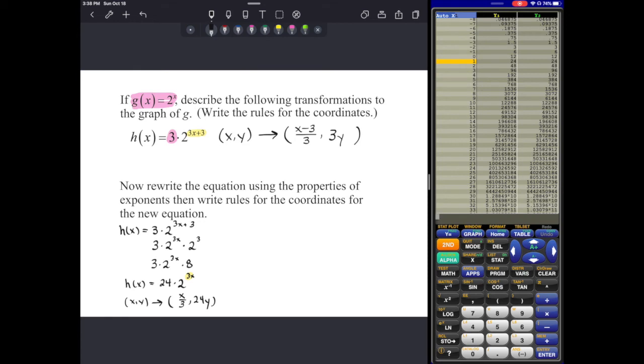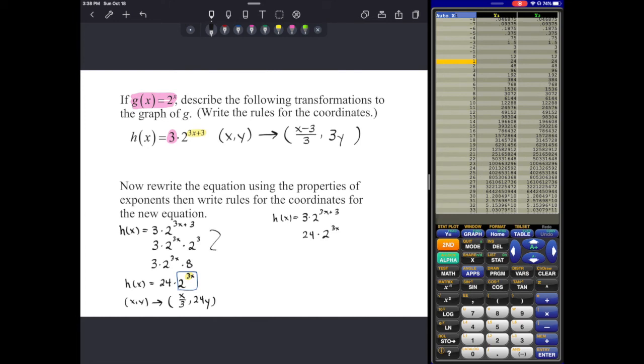Now let's say, for instance, that somebody wanted to do something a little different here, right? They noticed this, and they wanted to use those properties of exponents to break it down more. You can, right? We could take this and say h of x is equal to our 3 times 2 to the power of 3x plus 3, right? And we've already broken it down to 24 times 2 to the power of 3x, right?